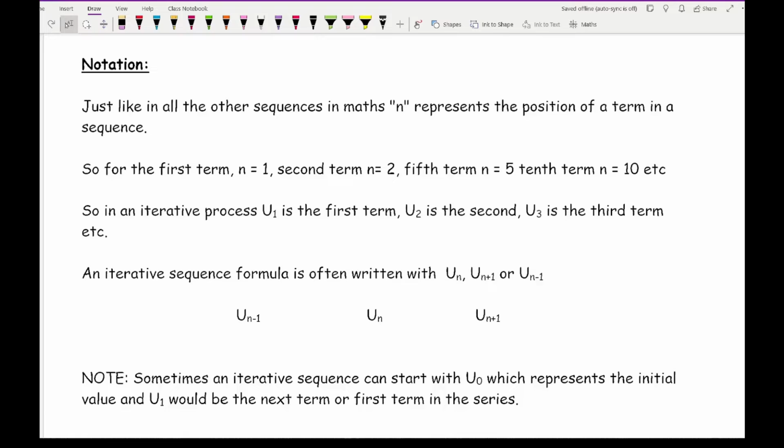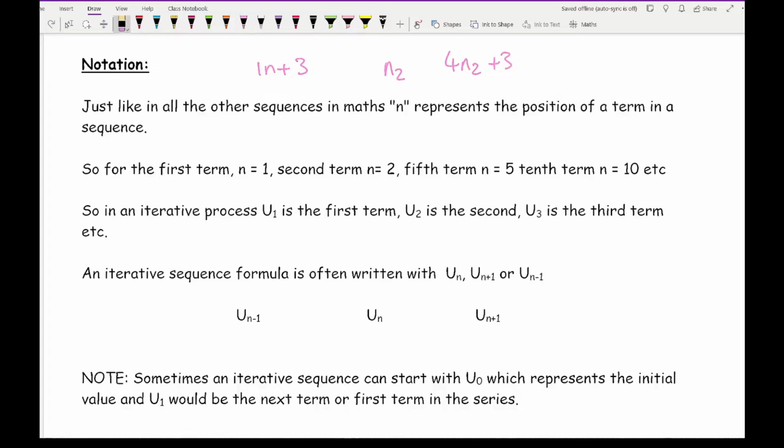Now, because an iteration sequence uses previous terms, we can't use n equals 2 or n equals 4 in the formula, because it just becomes confusing. With an nth term, you might have something like 4n plus 3, but if the second term is n2, then your formula starts getting really messy.